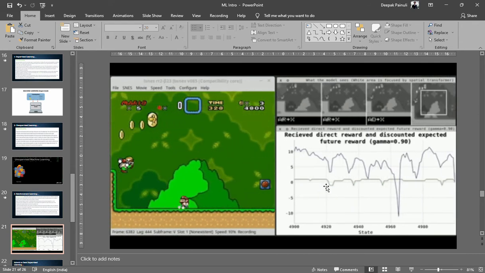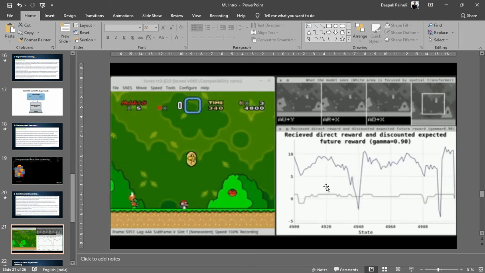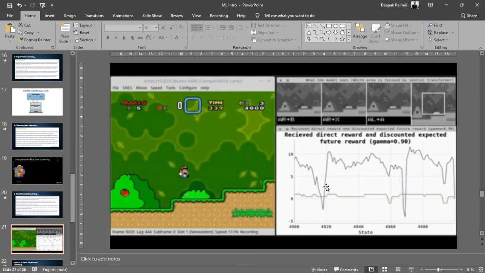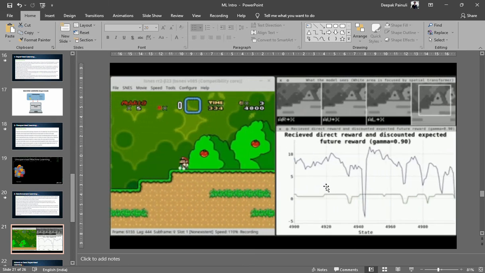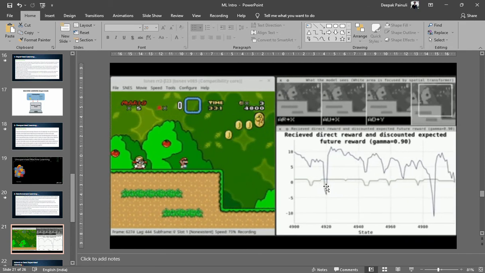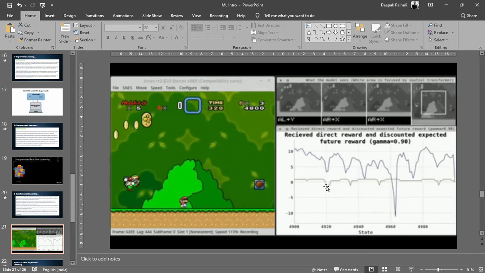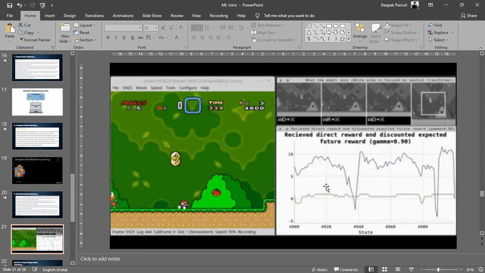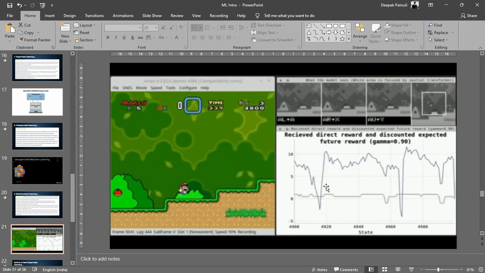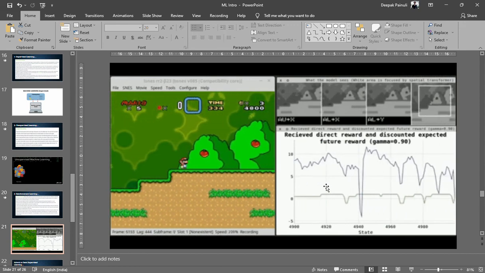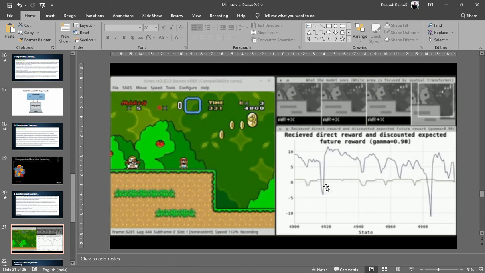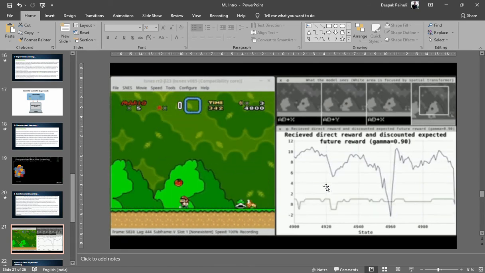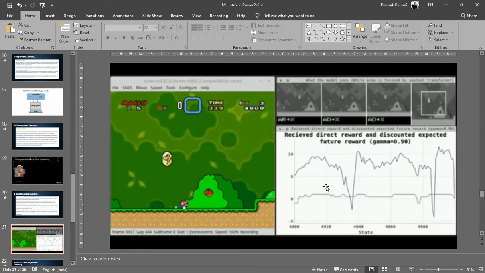Here we are not providing any data to our algorithm. We are simply putting our learning algorithm into the environment directly. Like in this example, we are putting our algorithm into a direct game, right? By using emulators, right?